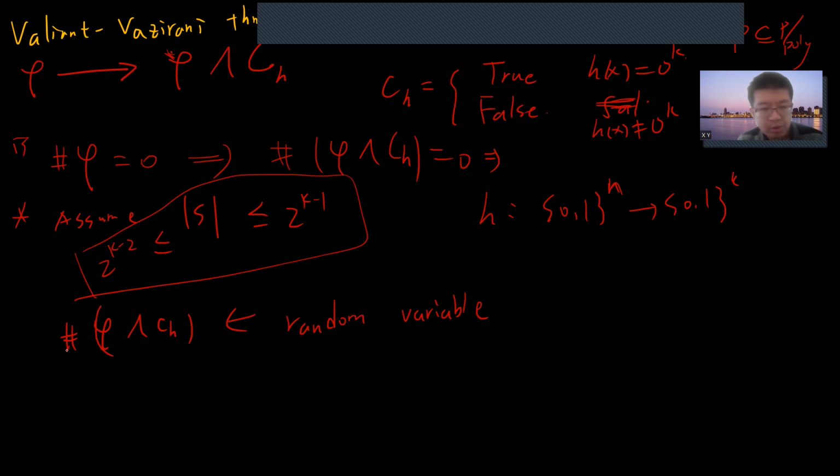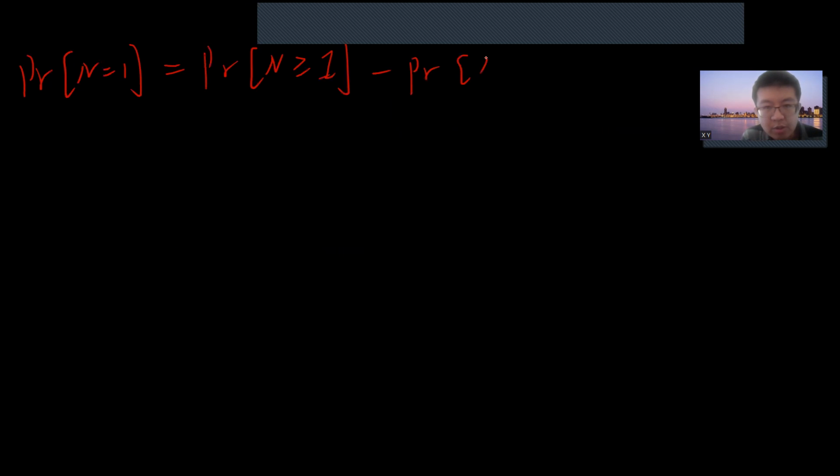Let's call this random variable N. I want to ask the probability that N equals 1. The probability that N equals 1 can be computed as the probability of N greater or equal to 1 minus the probability of N greater or equal to 2.